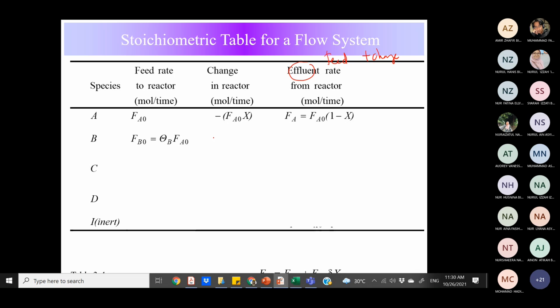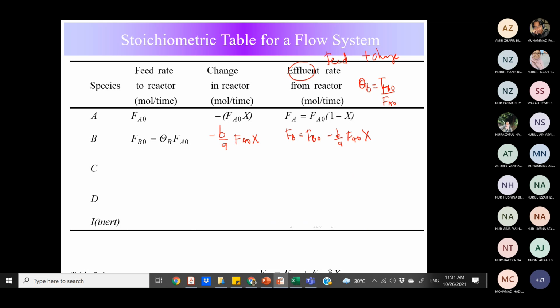Alright, so this one is about minus B over A, FA naught X. Okay, so this one would be FB, is equal to FB naught, minus B over A, FA naught X. Okay. So this one remember theta B boleh jadi FB naught over FA naught here. Okay, so boleh jadilah kita dapat theta B minus B over A X.